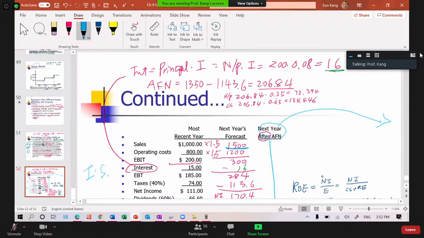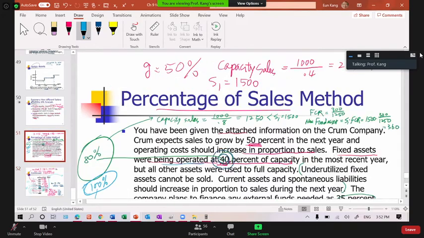So, you compare capacity sales with what? 1,500, S1. S1 doesn't change, right? G's 50% doesn't change. So S1 is 1,500 always. So you compare capacity sales with S1. When it is 40%, 2,500 is greater than 1,500. When it is 80%, 1,250 is less than 1,500.